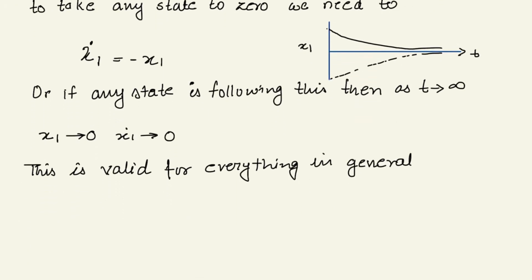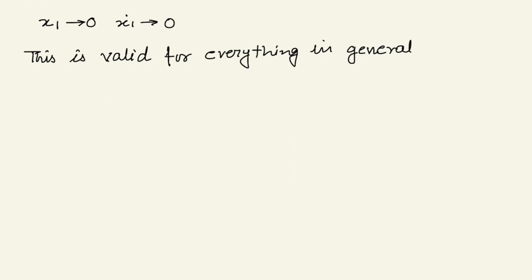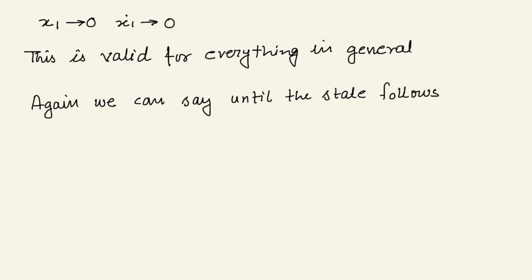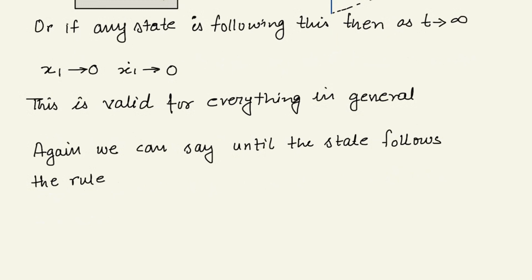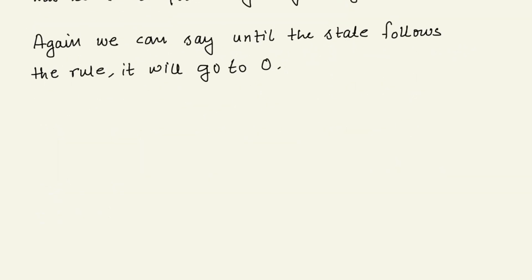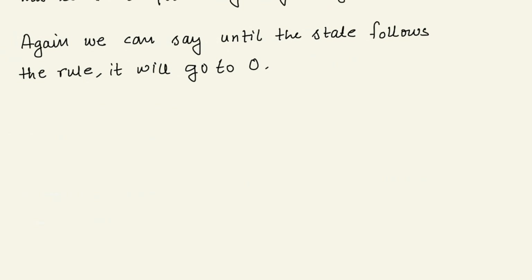There is one more way to look into this. Until the state follows this rule, it is going to go to 0. So x1 dot equal to minus x1, until the state is following this rule, it will ultimately end up to 0 as time tends to infinity.